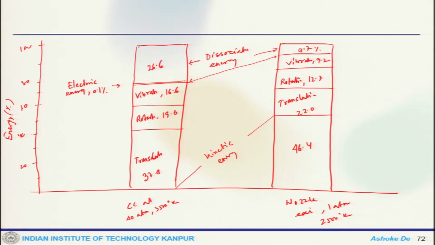This will illustrate the relative importance of these dissociation energies before and after an equilibrium expansion. This H2/O2 mixture in this example is stoichiometric.